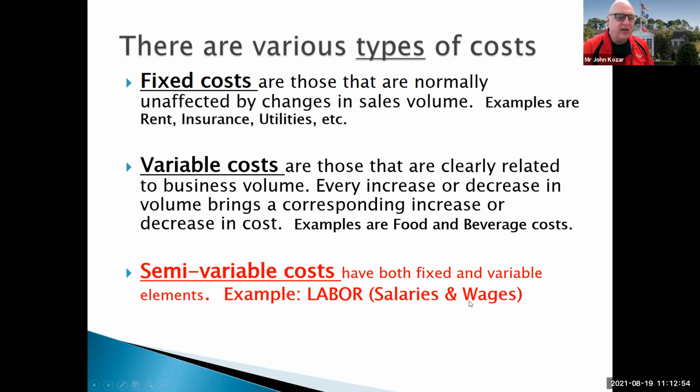The people that get paid an hourly wage, they're going to be the variable portion, because when we're really busy, we need more of those people and we need them to work more hours, so that wage is going to increase. But if we slow down, we're not going to have as many people on the schedule. We certainly wouldn't be paying overtime if we're really slow. So that's the only semi-variable cost.